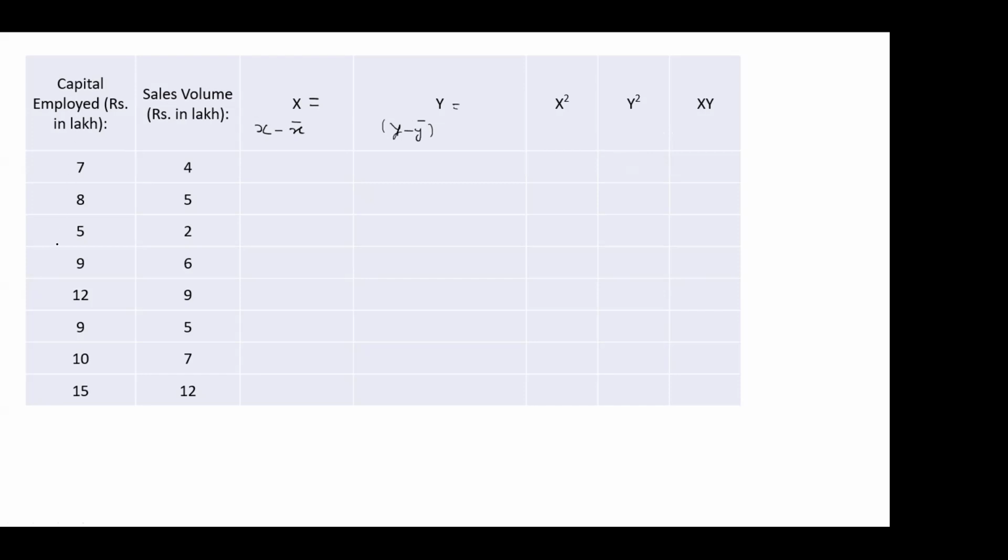If we add all the capital employed in lakh, we get summation of x equal to 75, and if we add all the y values, we get summation of y equal to 50. Now let us see how many data points we have: 1, 2, 3, 4, 5, 6, 7, 8.